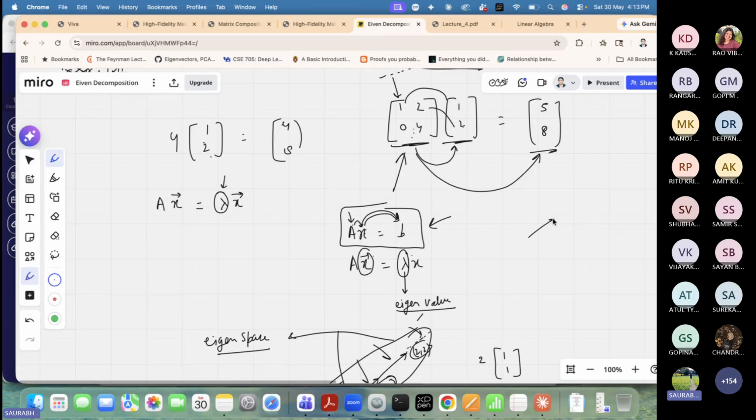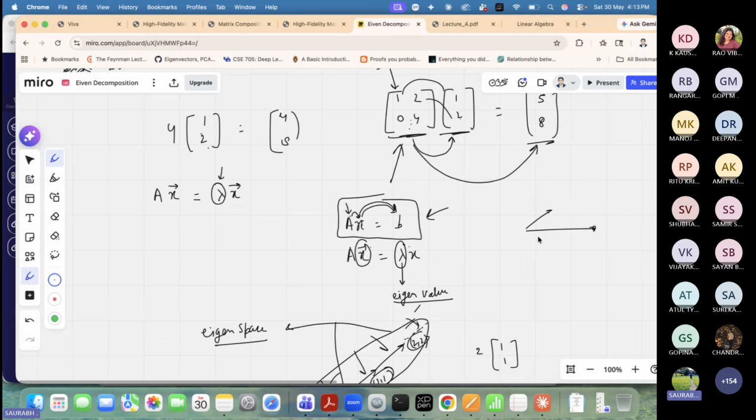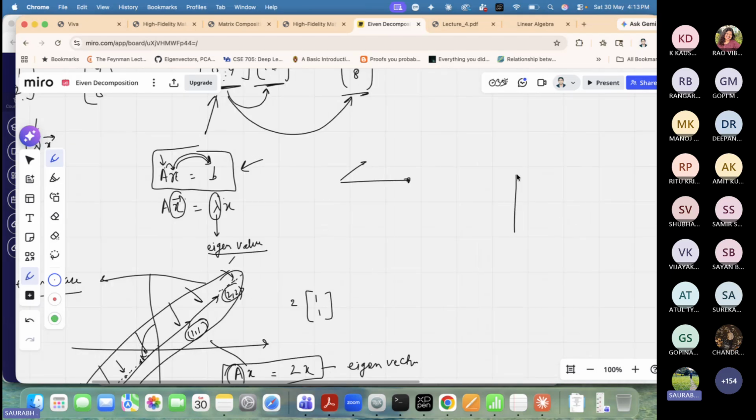So a vector is moving to a new position. Now, let's say this is my entire grid. Every single vector, every single point, let's say this is the grid that we have.